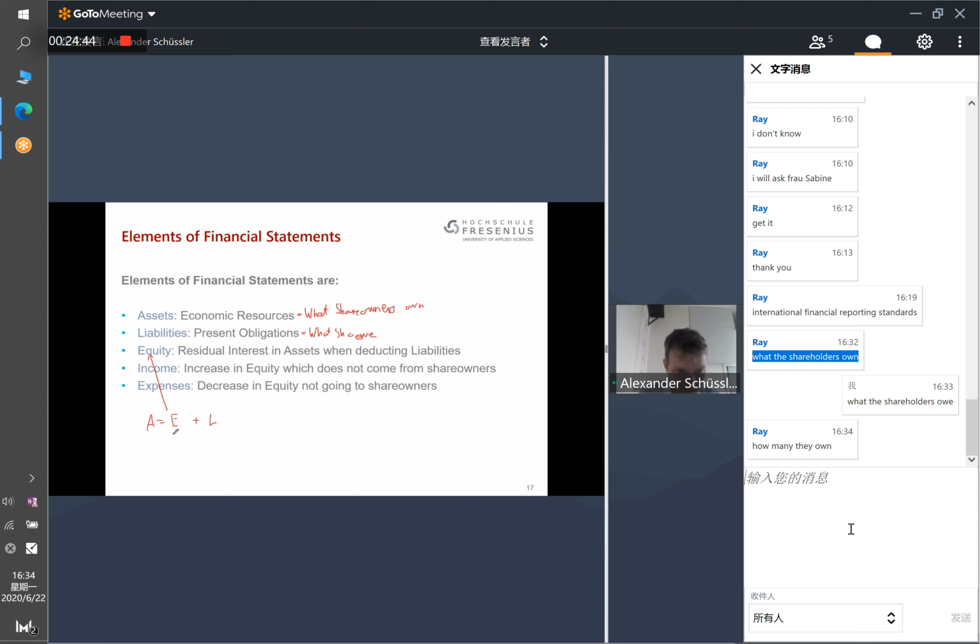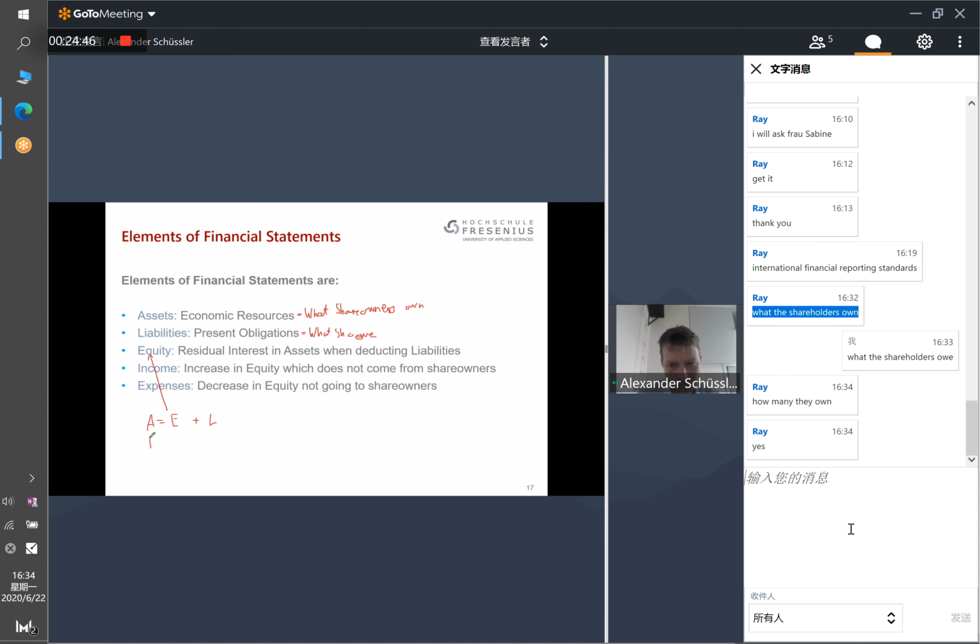Yeah, to put it the other way around, and then you have equity equals assets minus liabilities. Yeah, so this is the accounting equation, and you can transform it. It has always been, it always has to be in balance. This is the accounting equation.